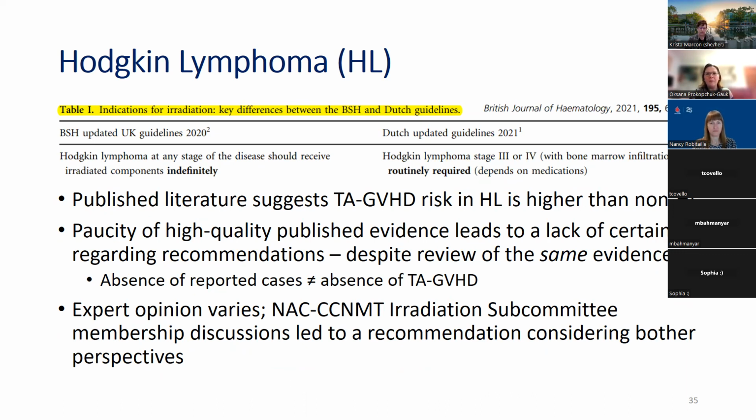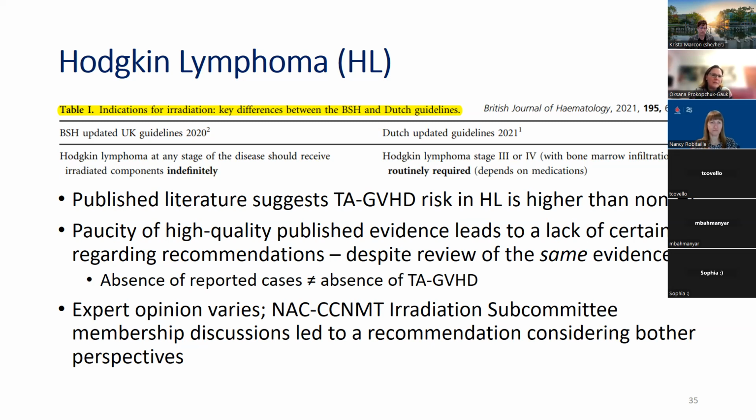So there was an interesting paper published in the British Journal of Haematology in 2021 that essentially was a comparison document, a crosswalk rather, between the British and the Dutch guidelines, and essentially identified that the same resources or the same references within the literature were actually used to ultimately come to different conclusions, which was quite fascinating. So one of those examples relates to Hodgkin lymphoma.